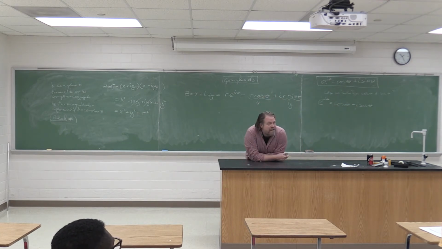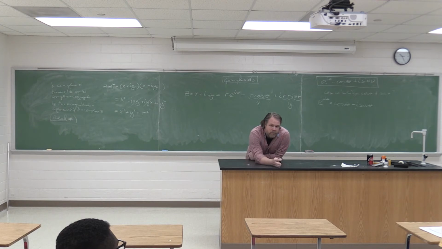It's one complex equation. But in a complex equation, the real part on the left has to equal the real part on the right. And the imaginary part on the left has to equal the imaginary part on the right. Okay, so here's something important to learn. If you see an equation in complex numbers, it looks like one equation, but in some sense, how many pieces of information does it have?